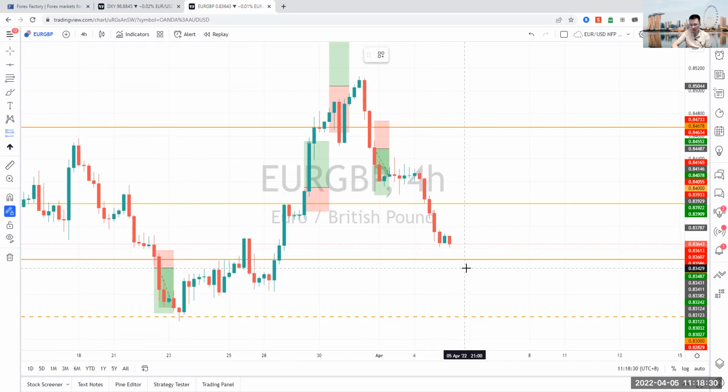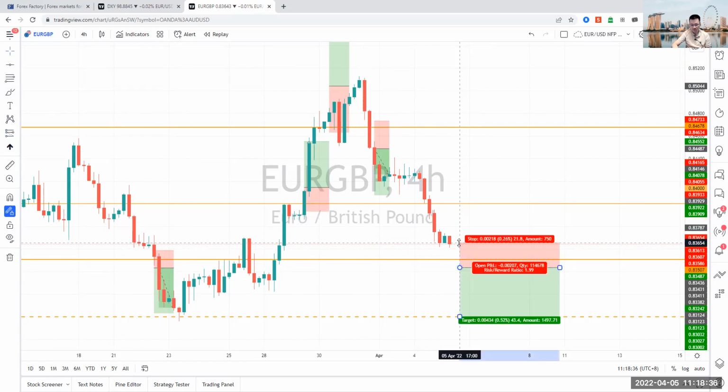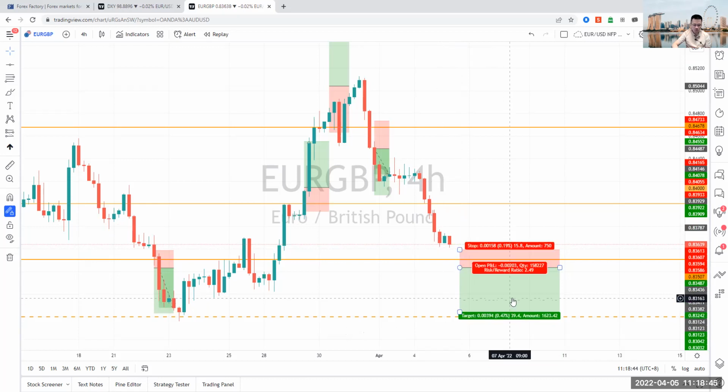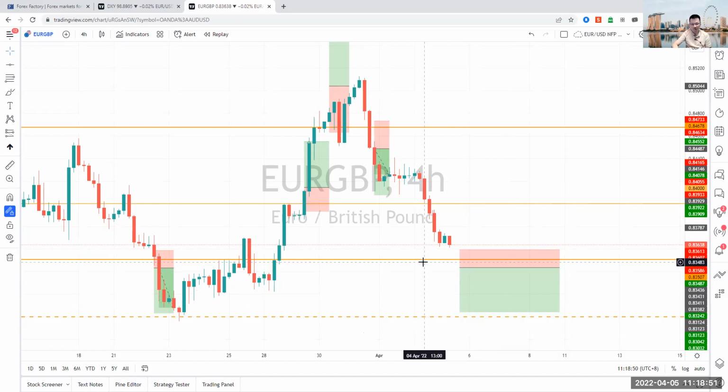You could be looking at about 0.83, below 0.8345. Again, a very tight stop loss, 15 to 20 pips stop loss. Take profit level at about 40 pips there. You're looking at a 1:2 or 1:2.5 risk reward ratio towards the downside for the euro pound on the H4 time frame.